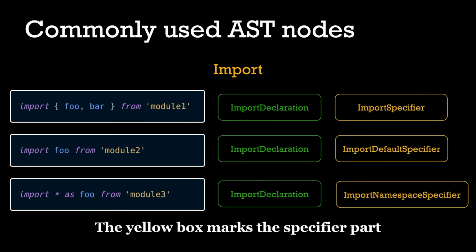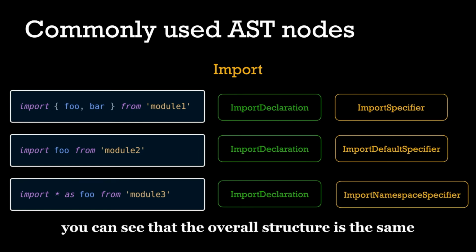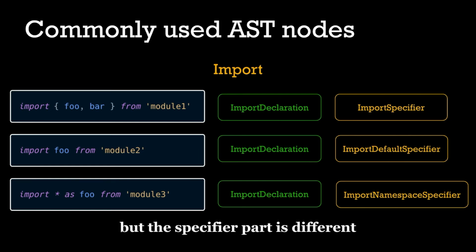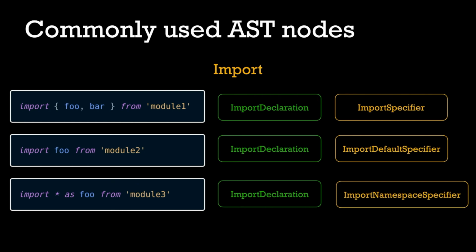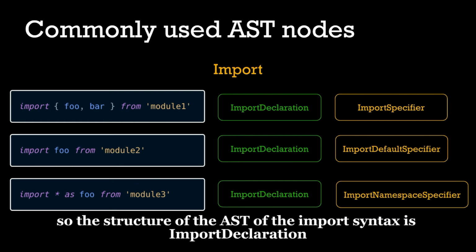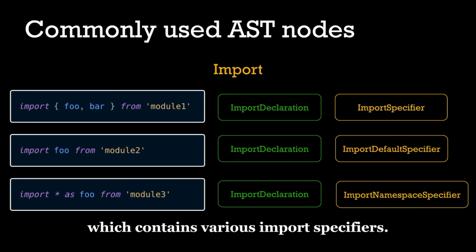The yellow box marks the specifier part. You can see that the overall structure is the same, but the specifier part is different. So the AST structure of import is import declaration, which contains various import specifiers.